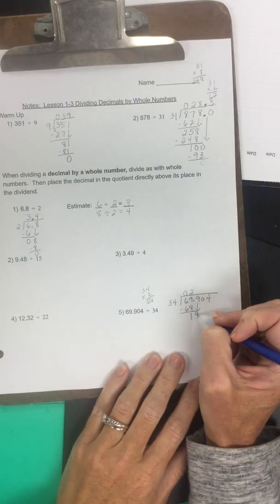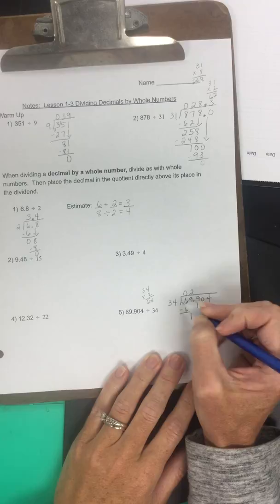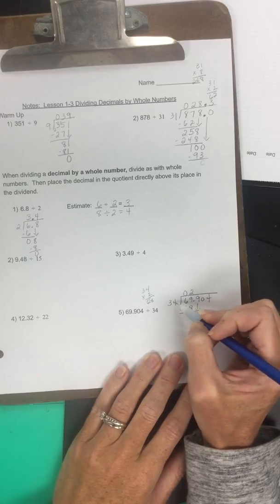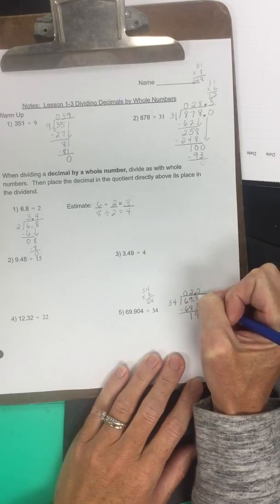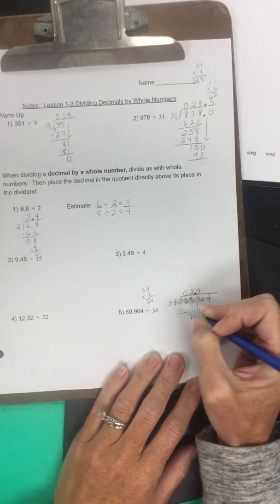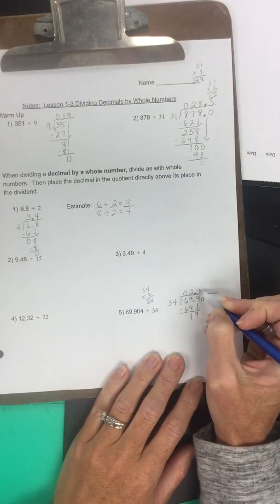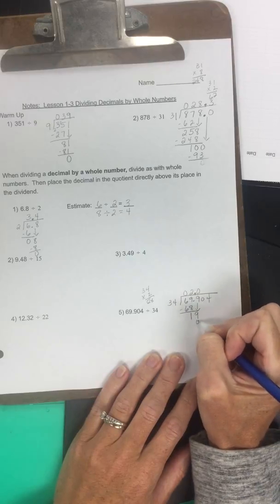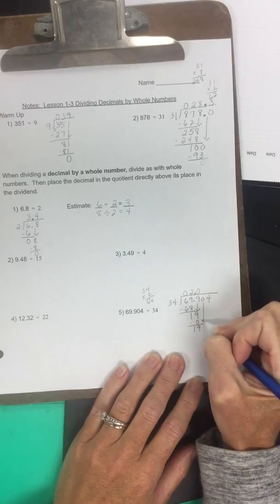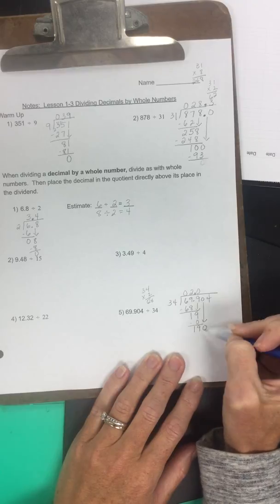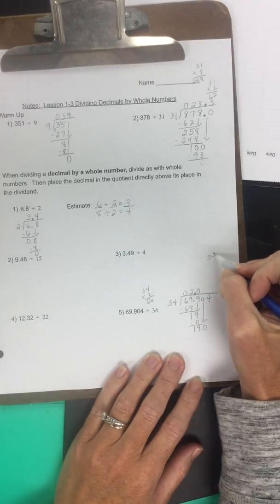They say, oh, well, it won't go into 19, so let's bring down the other number. You can't bring down 2 numbers at a time. Okay, 34 will not go into 19, so we put a 0. It goes in 0 times. 0 times 34 is 0. Subtract, we get 19. Now we can bring down our 0 and take 34 into 190.